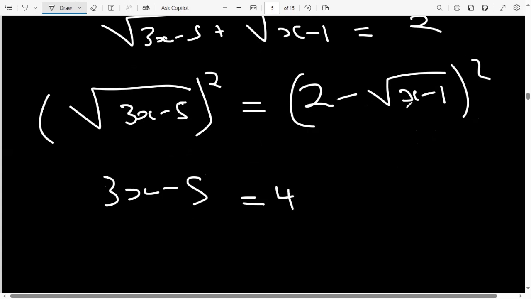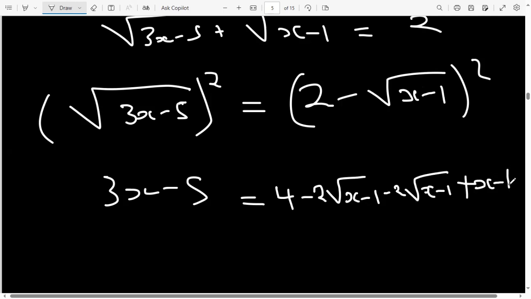2 multiplied by this one will be minus 2 root of x minus 1. And then minus root of x minus 1 multiplied by 2 will be minus 2 root of x minus 1. And now minus root of x minus 1 multiplied by itself, we're going to get a positive x minus 1.